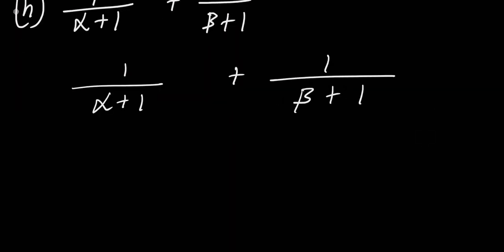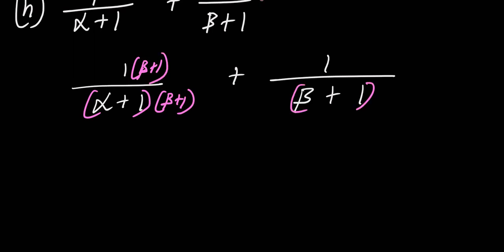So to do that, we are going to put this in parentheses and multiply by beta plus 1, also multiply this by beta plus 1. In the same way, put this in parentheses, multiply by alpha plus 1, and multiply this by alpha plus 1.